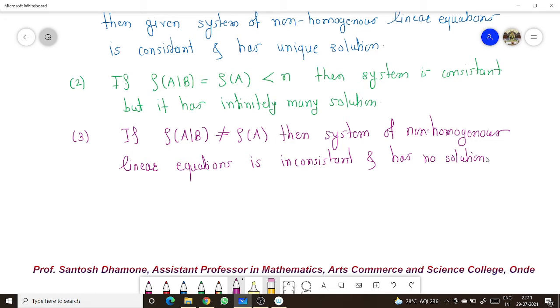This is the augmented matrix. For solving this, we apply row operations on this augmented matrix AB.